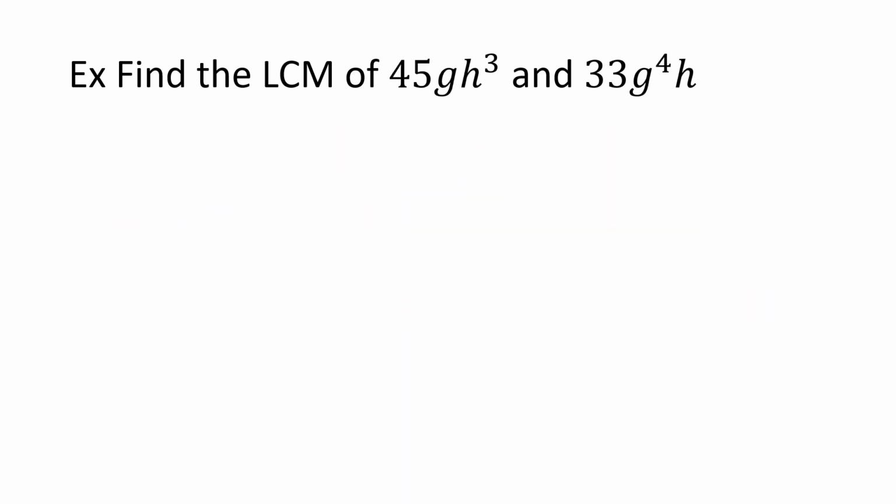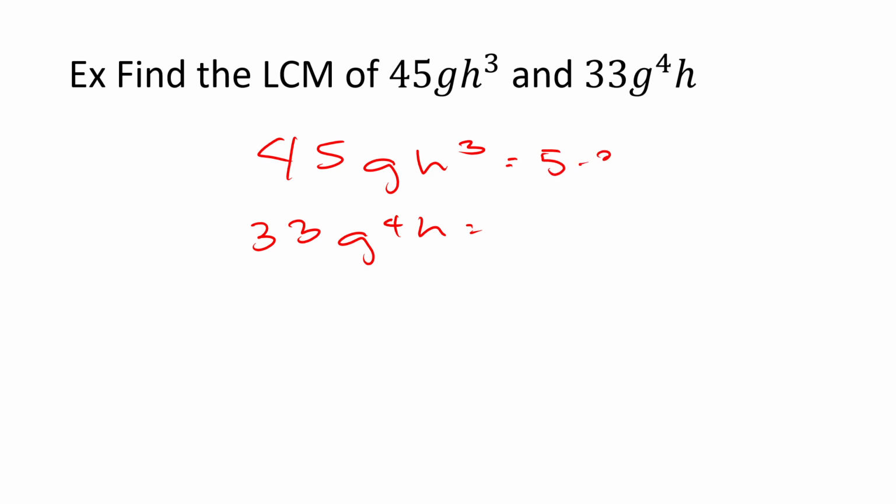Let's have another one, and this is probably the last one. So stay with me. We have 45 g h to the third and 33 g to the fourth h. 45 is 3 times 3 times 5 times g times h times h times h.